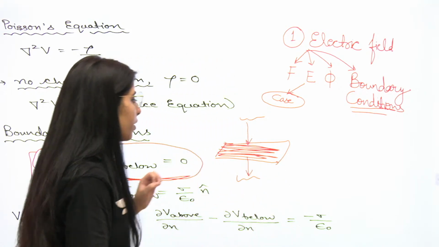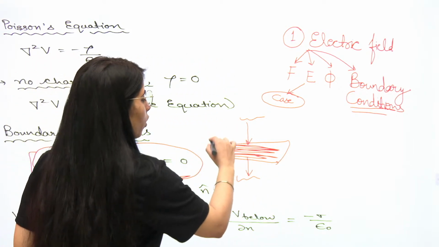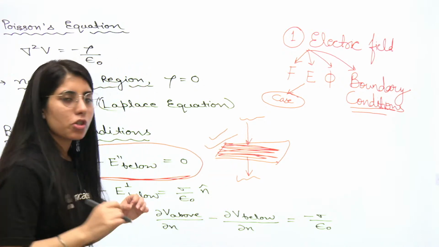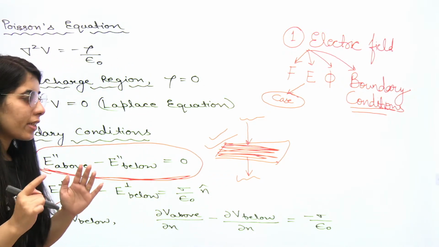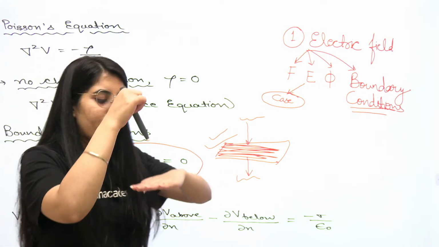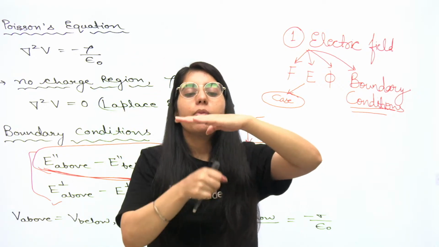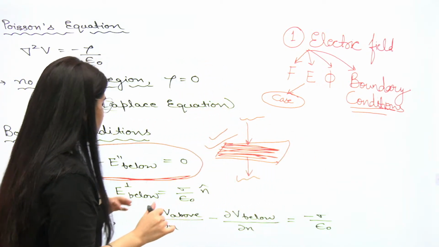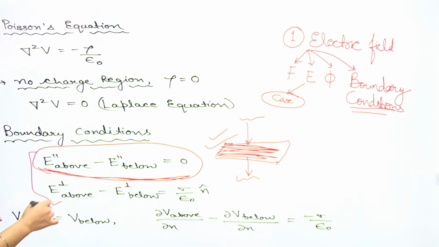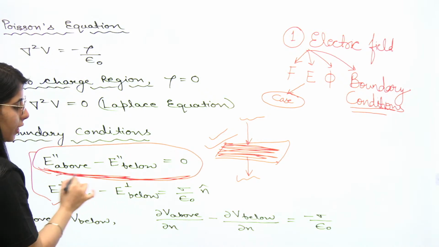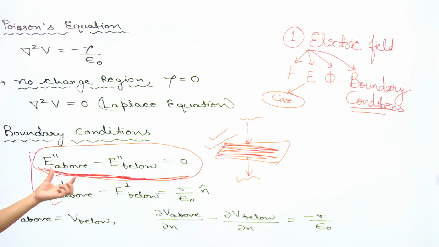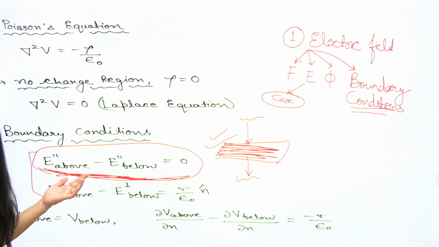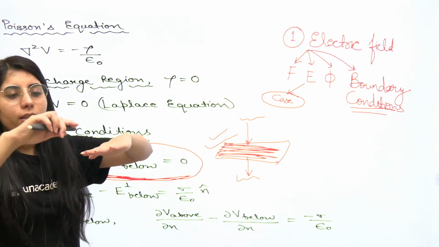Done? Now, which component of electric field is discontinuous? Discontinuous means its value above the boundary and below the boundary will be different, and continuous means the value will be the same above the sheet and below the sheet. You can see the first one is showing the tangential component, tangential means like this.